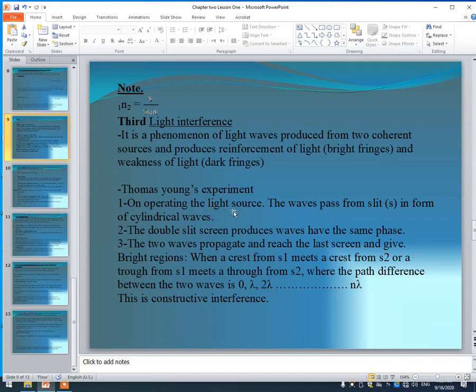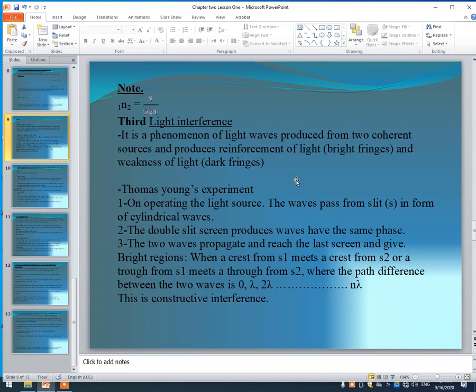First, this light will fall on a screen which has one slit. The aim is to make the light wave pass through this slit. Slit means an opening. This opening makes the light wave pass through it in the form of a cylindrical wave.